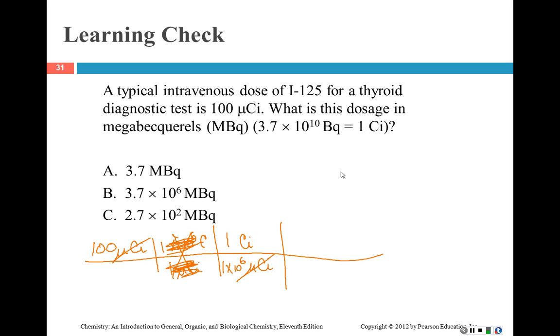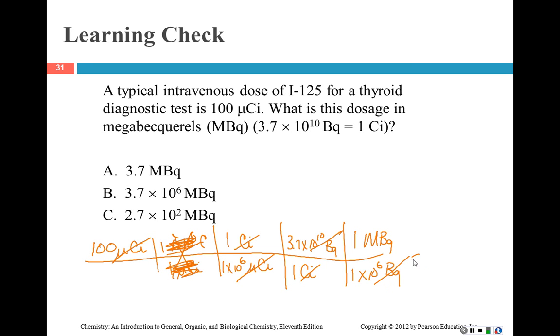All right, I know that there are 3.7 times 10 to the 10 becquerels in 1 curie, so 1 curie goes down here, and 3.7 times 10 to the 10 becquerels goes there, and that cancels. And I want to know megabecquerels, and 1 megabecquerel is the same as 1 times 10 to the 6 becquerels, and that cancels.